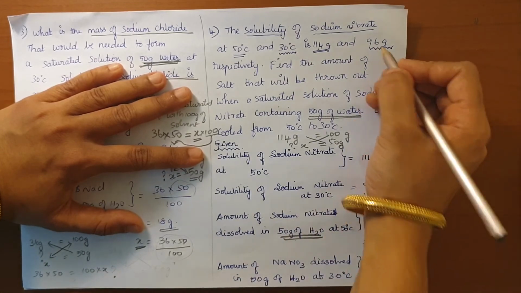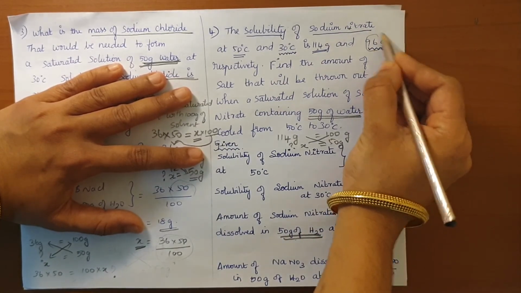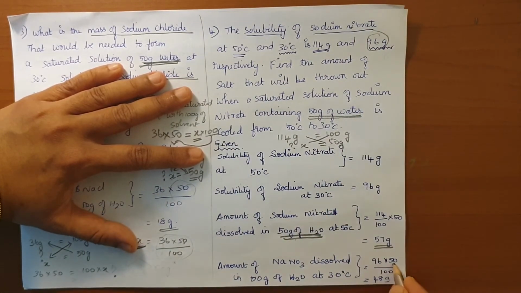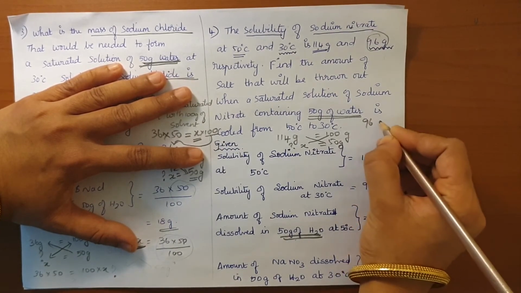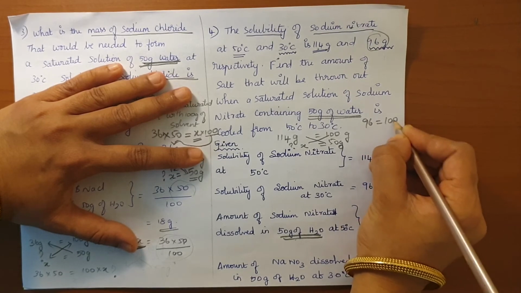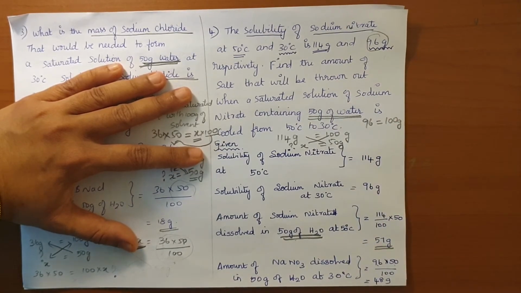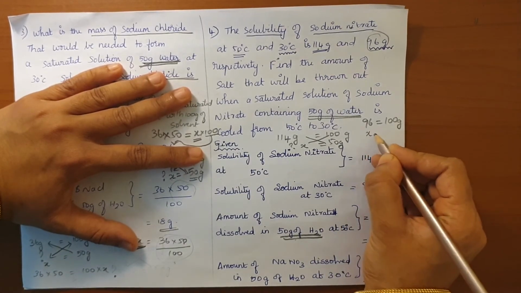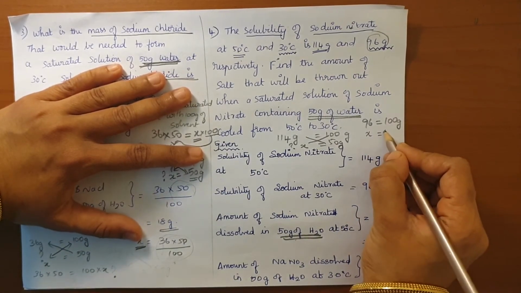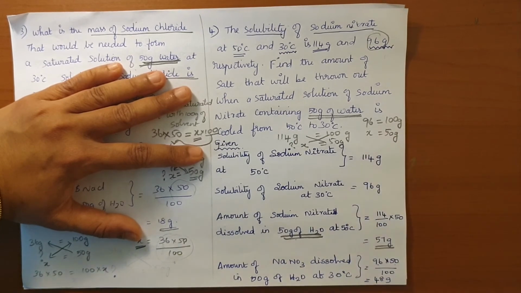Similarly, you find it for 30 degrees. 96 grams of sodium nitrate is required to make a solution with 100 grams of water. Then, how many grams of sodium nitrate will be required to make a solution with 50 grams of water?